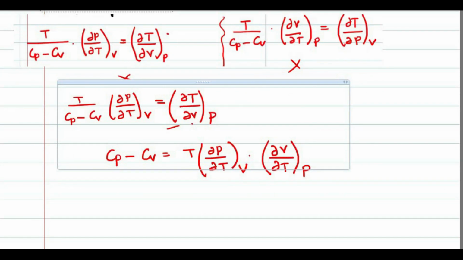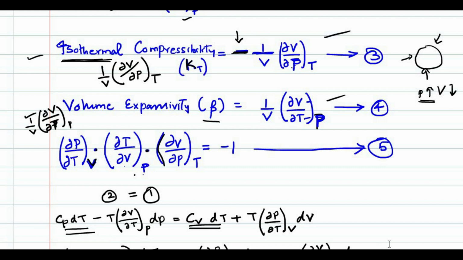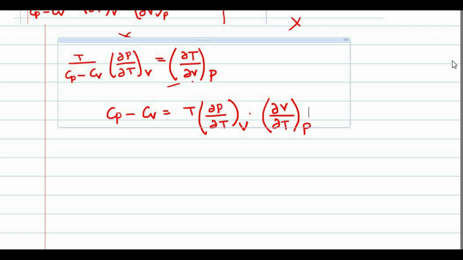From equation 5, so what is equation 5? This is equation 5: dou P by dou T at constant volume into dou T by dou V at constant pressure into dou V by dou P at constant temperature is equal to -1. So we have to take this equation 5. I'm just writing down the same equation here.